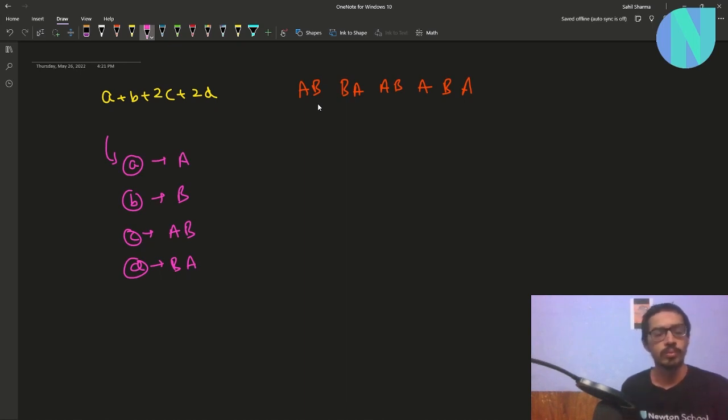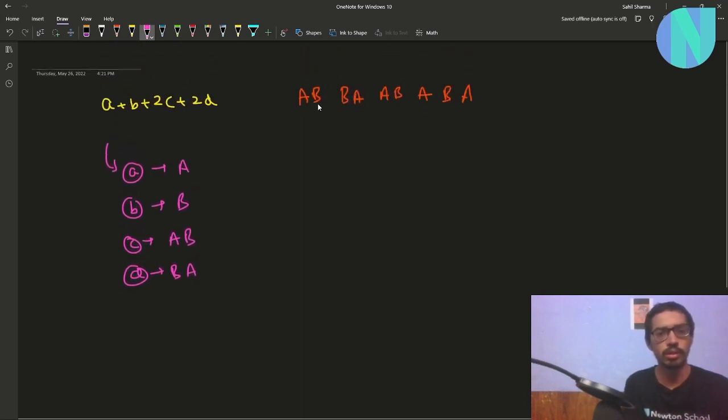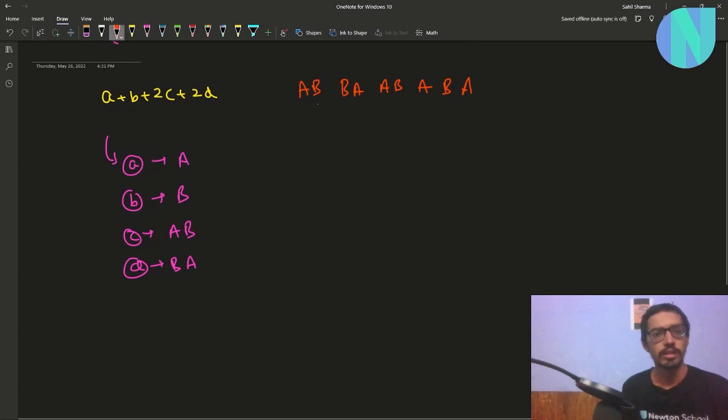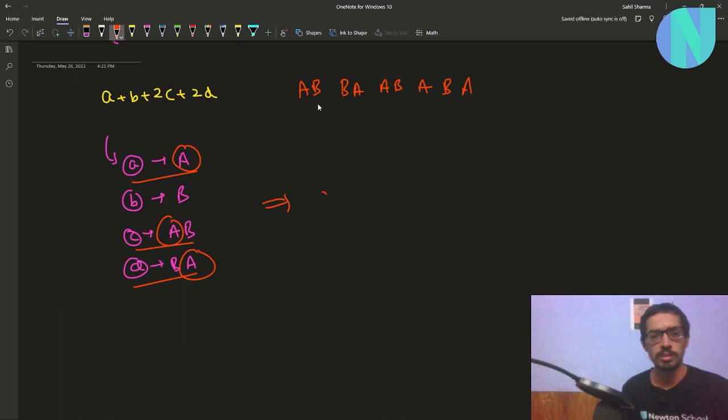So how can I do this? First of all, as you can see, it contains a number of capital A's, c number of capital AB, and d number of capital BA's, and all of these have an A. So in total the string must have a plus c plus d number of A's, right?